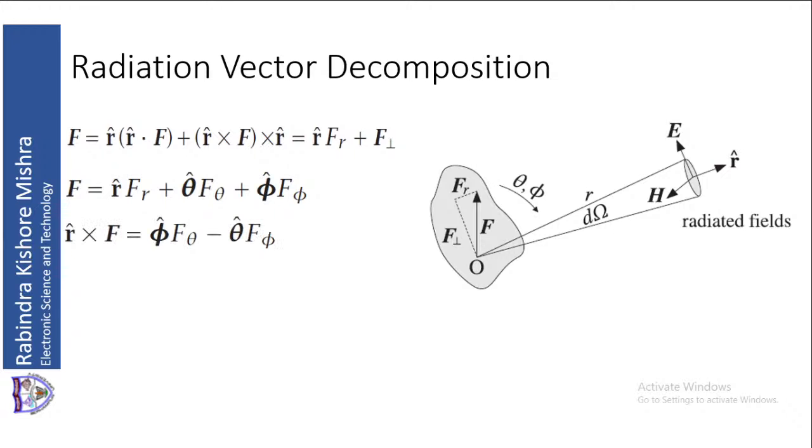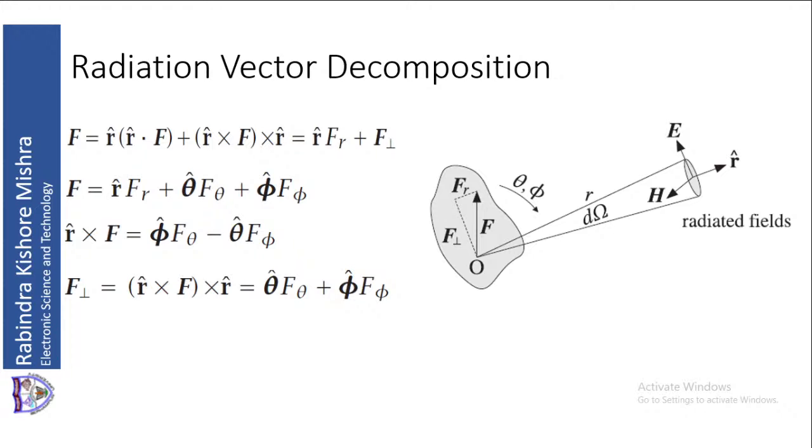So these are the two ways we can write F, in terms of Fr and F perpendicular, and in terms of the spherical coordinate system. Then we know r cap cross F. What will be r cap cross F? F has two components.